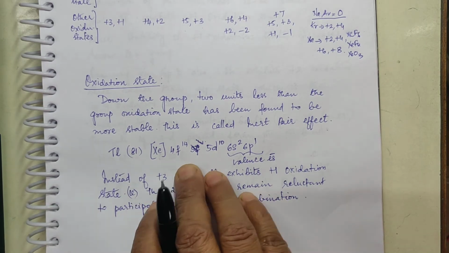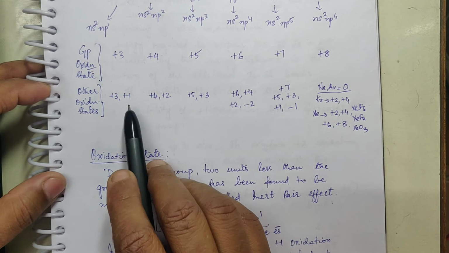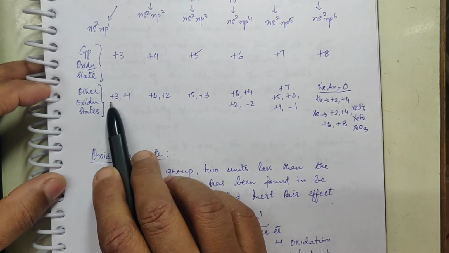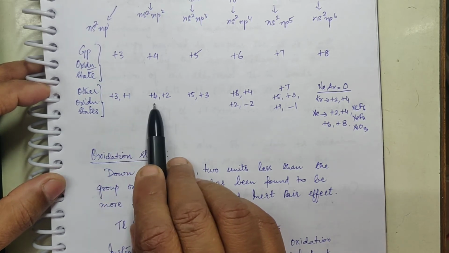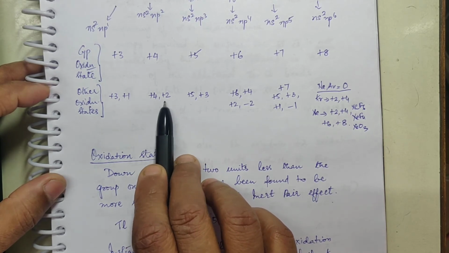Now, look here, I have shown along with +3, it is showing +1 also. This is 2 units less than the group valency. Along with +4, +2 is also shown. Again, it is 2 units less than the group valency.